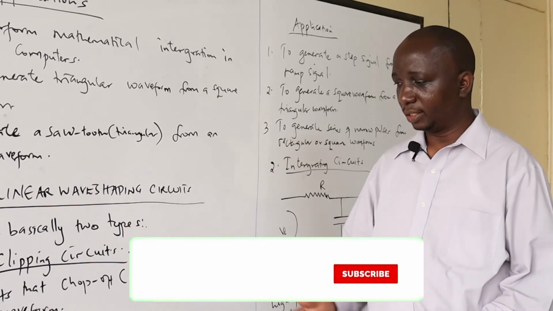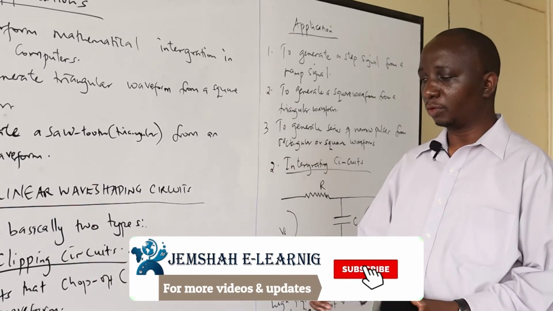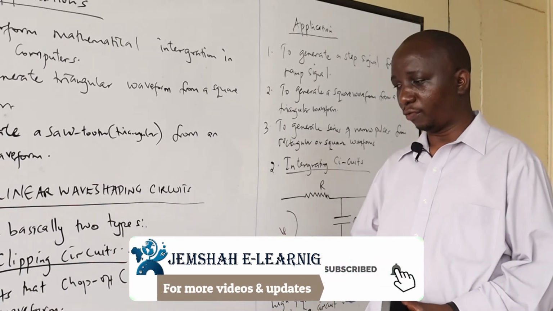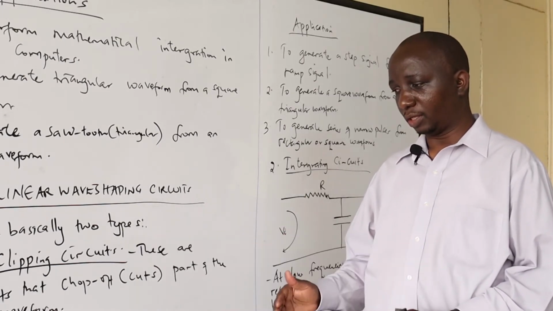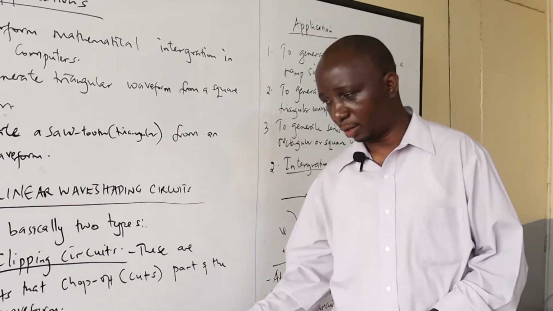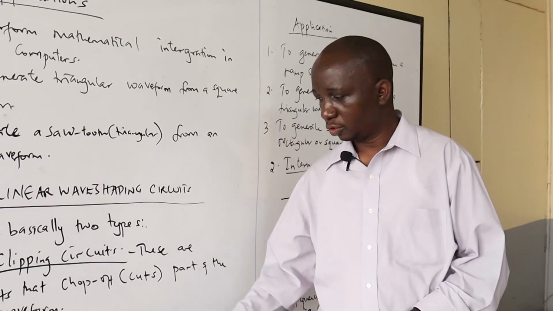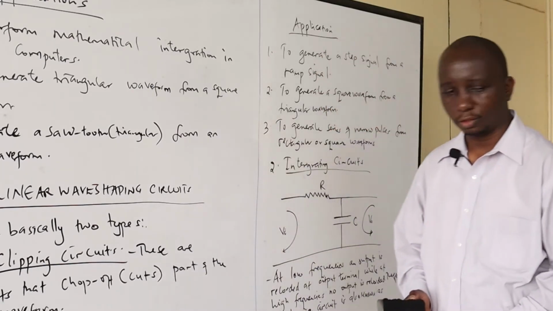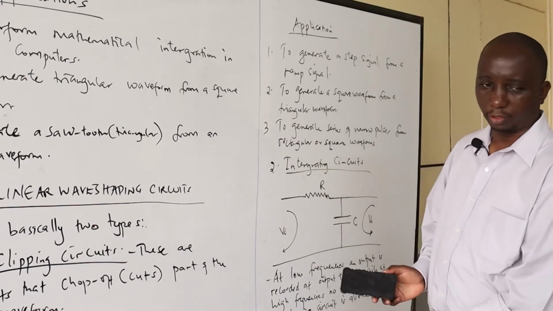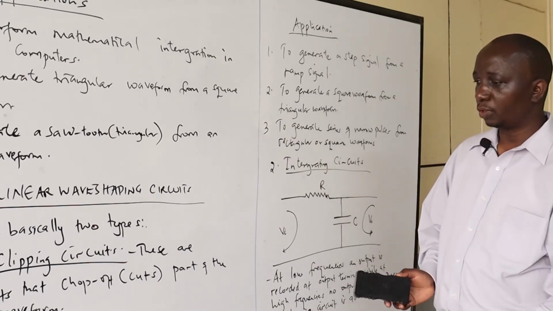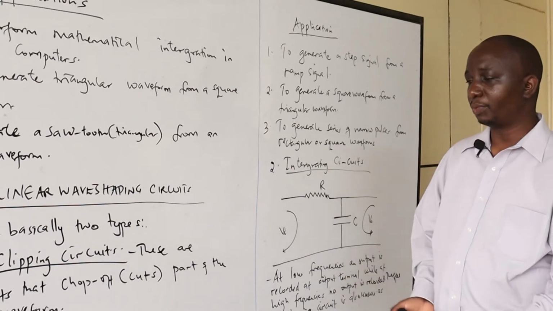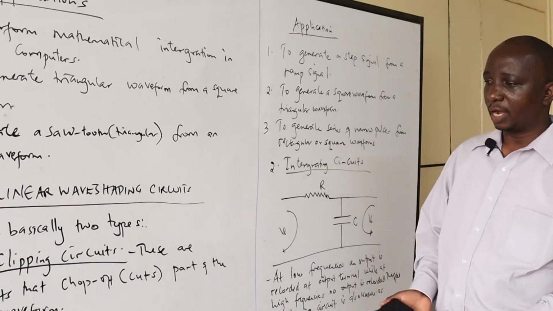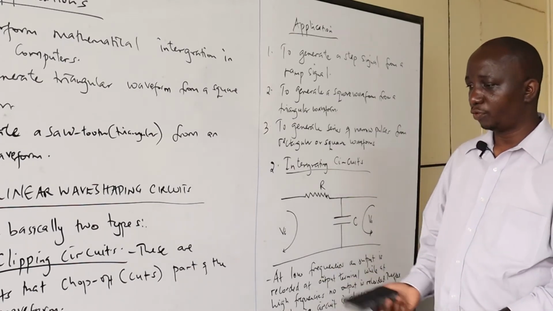But a bias clipper is one that is able to have some control of clipping off the negative and the positive part of the sine wave using an applied voltage. So basically we need to understand that. We're going to talk about these types of clippers in detail with the output waveform, so that when you're describing the operation, you're also able to reflect the input and the output waveform that is expected.